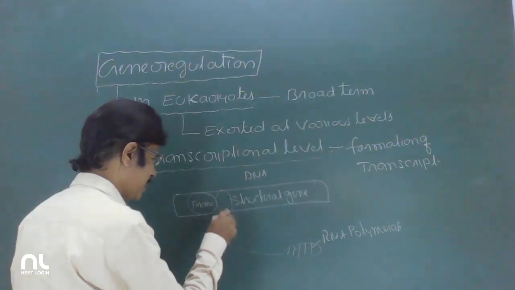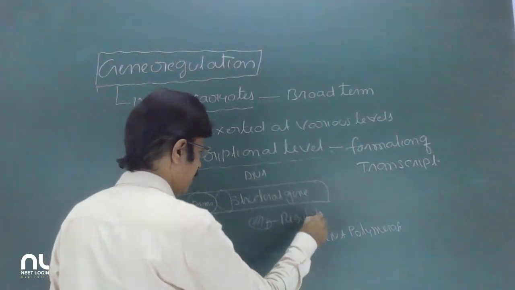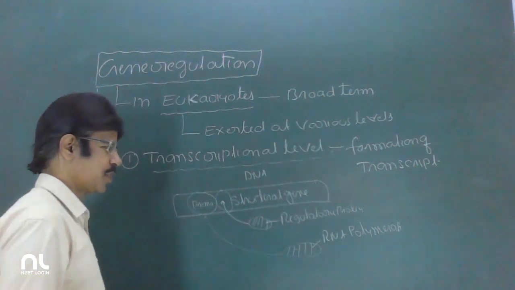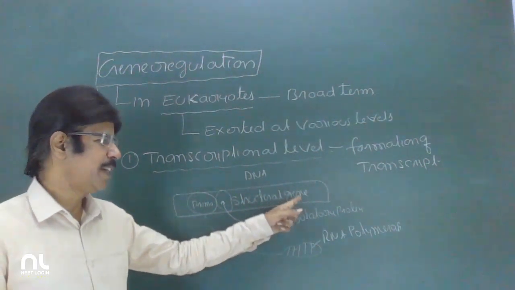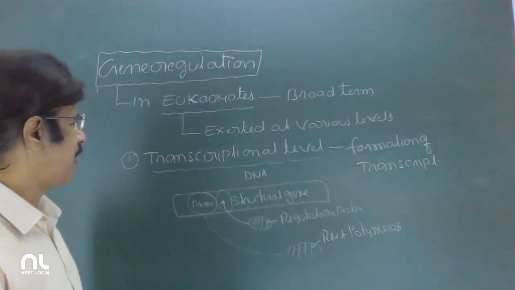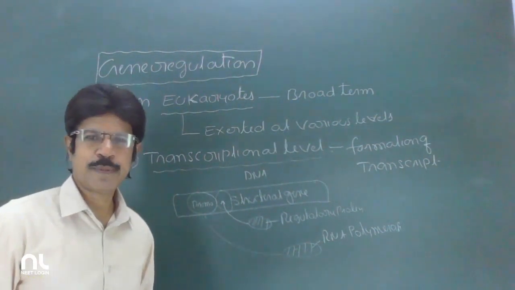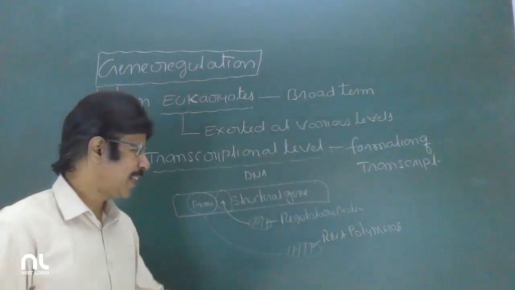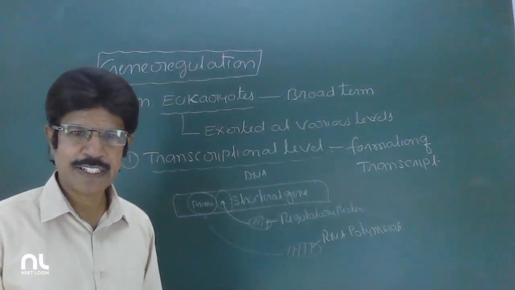Adjacent there is a site, and some other protein, a regulatory protein, binds at this portion. So RNA polymerase does not bind at the promoter. There is no transcription of the structural gene, so there is no expression. So transcriptional level means RNA polymerase has to bind at the promoter. So regulatory protein affects RNA polymerase in detecting the start site. It is affecting at the transcription level.